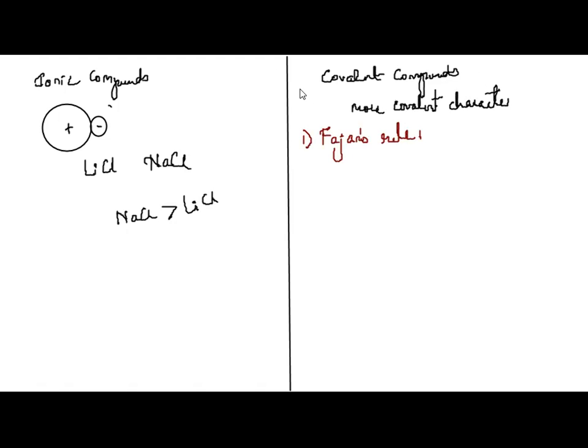What does Fajan's rule say? Fajan's rule has two small points. First one, smaller the size of cation. When a compound is covalent, if you want to explain more covalent character, smaller the size of cation, what happens?